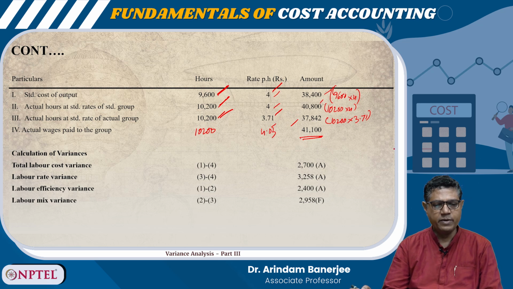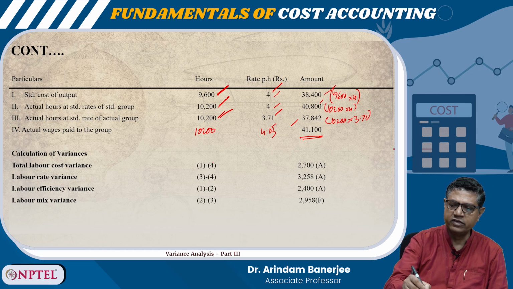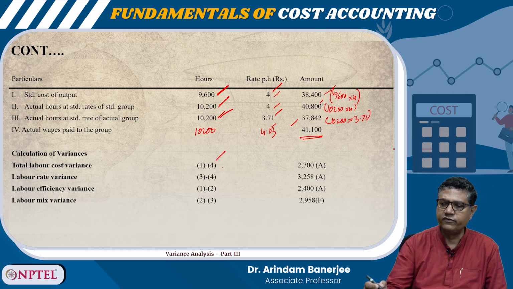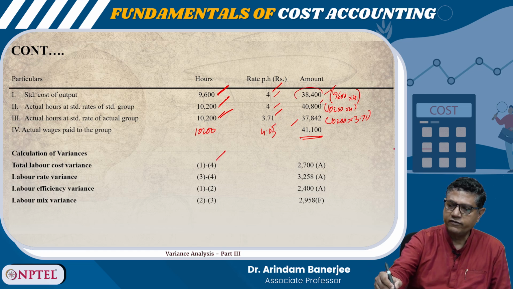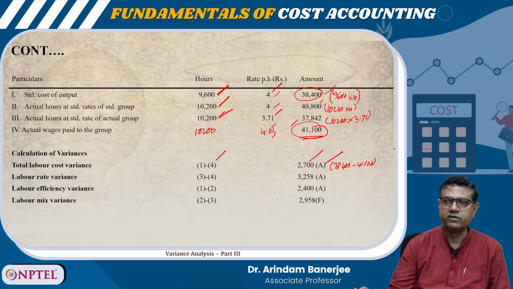So the total labor cost variance can come from the difference of 1 and 4. So 1 minus 4. 1 is the standard cost of output and 4 the actual cost. Actual cost is more than the standard cost, so it is adverse. The difference is 38,400 minus 41,100, so it comes to 2,700.